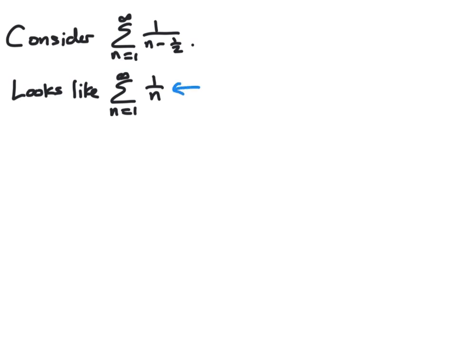In this case, the sum of 1 over n is known to be a divergent p-series, because here p is equal to 1, and we know p-series are divergent when the value of p is greater than or equal to 1. And so here we see the similar series is actually divergent, unlike in the previous example where it was convergent.